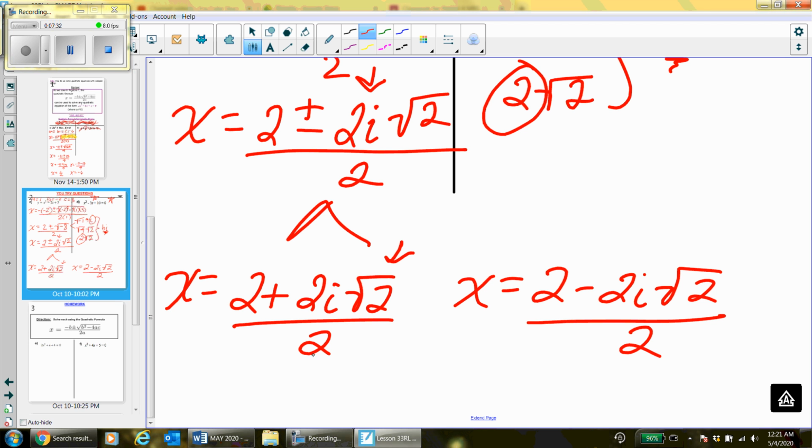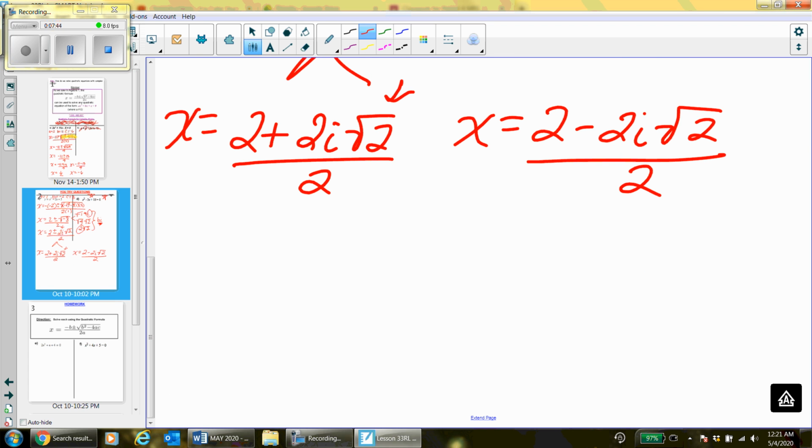The ones on the outside can be, because with multiplication and division, even though there's an i attached, you can still divide. That i is in the right place. So 2 can go into 2 one time, so all of these 2's become 1's. But this one that's attached to the i will have an imaginary 1. So x equals 1 plus i radical 2, and that's it, because anything over 1 is itself.